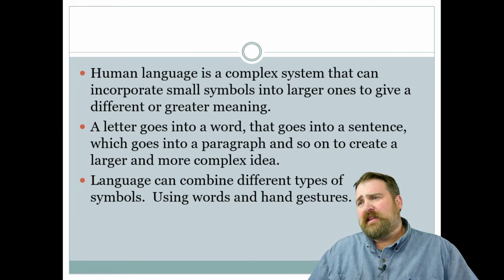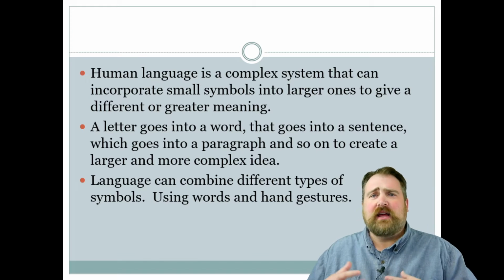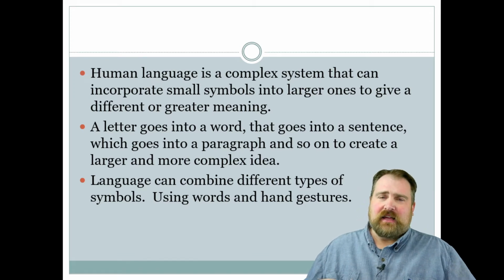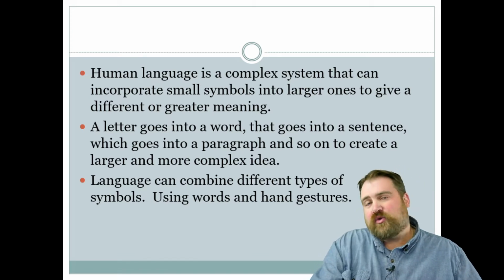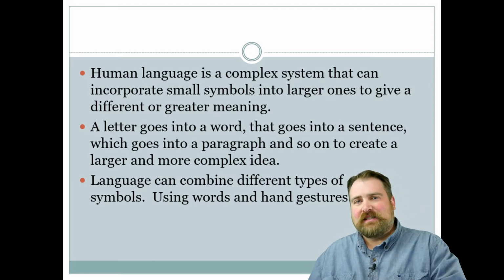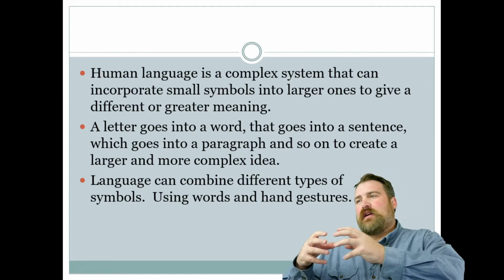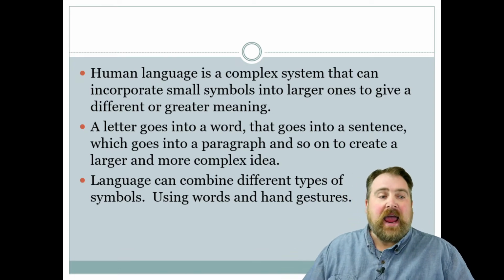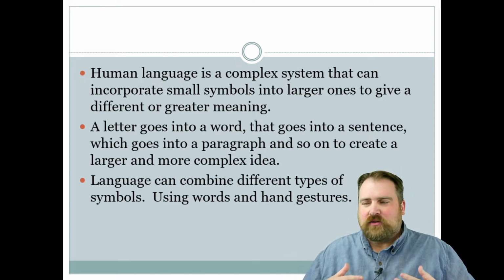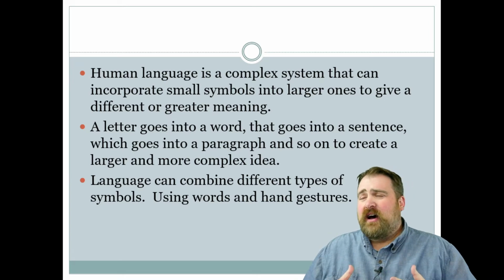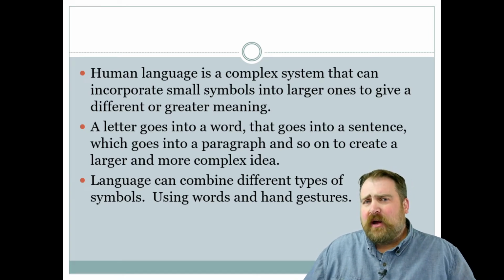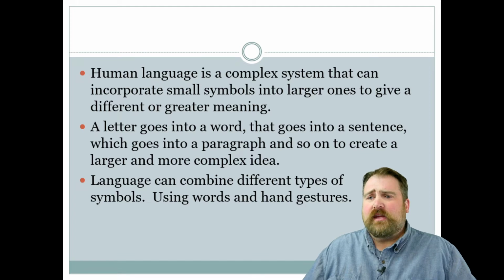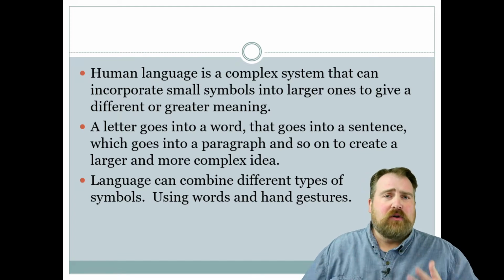And then we take that letter and turn it into a word, a combination of sounds that then has meaning behind it. And then we put that into a sentence, and we can create these much larger complex ideas. Hand gestures can oftentimes also be included in that, where we can convey different types of information with the inclusion of body movements.